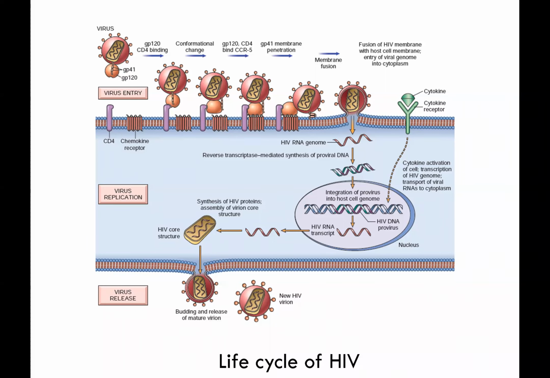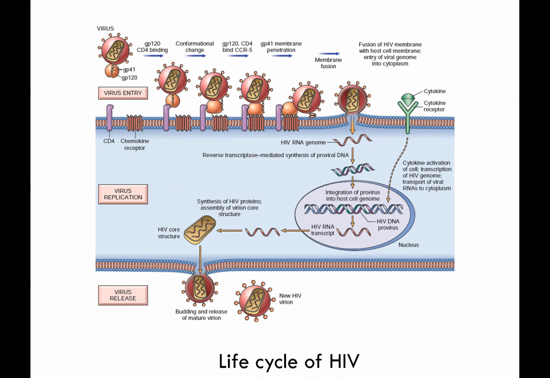The binding to the co-receptors induces a conformational change in GP41 and results in exposure of the hydrophobic region. This allows it to insert into the cell membrane of the target cell and leads to fusion of the virus and the host cell membrane. This allows the virus core containing the HIV genome to enter the cell. The requirement for HIV binding to co-receptors is very important in the pathogenesis of AIDS.